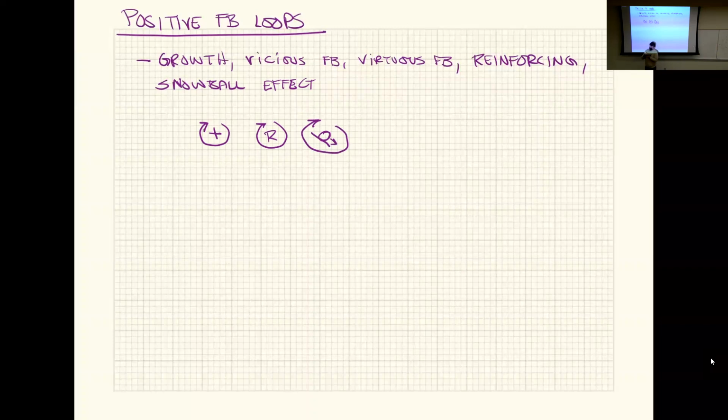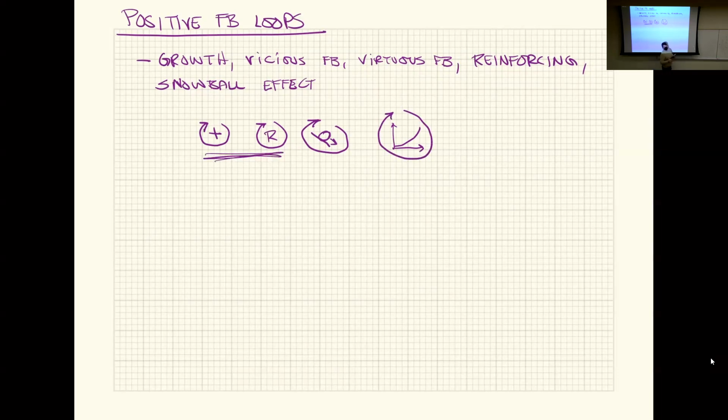Sometimes you actually get a diagram of a behavior, like a growth behavior over time plot, so they'll put that inside the loop here. I would say these are the most common indicators for these. And just as a reminder, they have an even number of negative links.